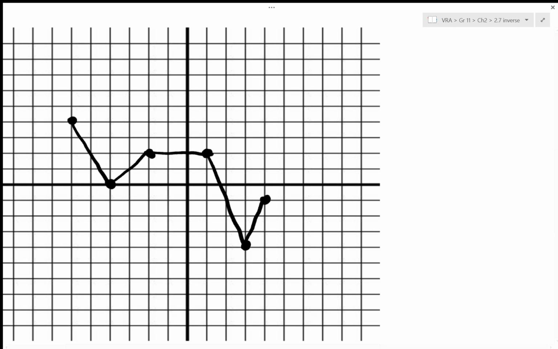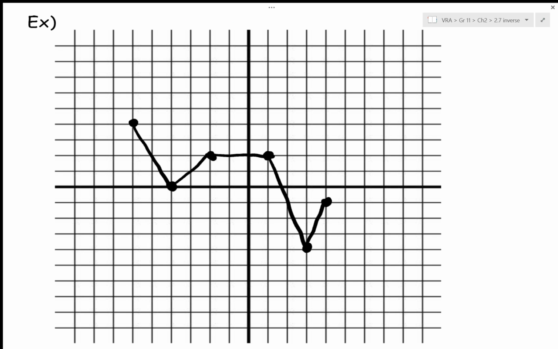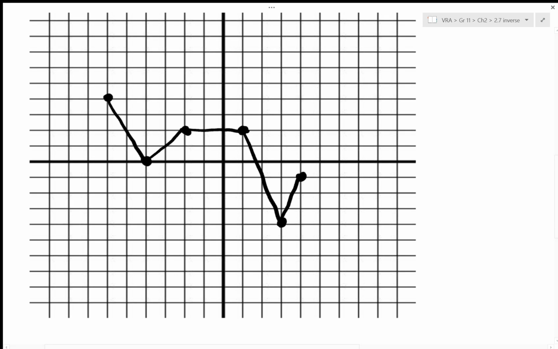Now the last one is not really a nice looking function. It's just a function that I drew randomly. So I'm just going to put the coordinates of this one to begin with. This one has negative 6, 4, negative 4, 0, negative 2, 2, 1, 2, 3, negative 4, and 4, negative 1.